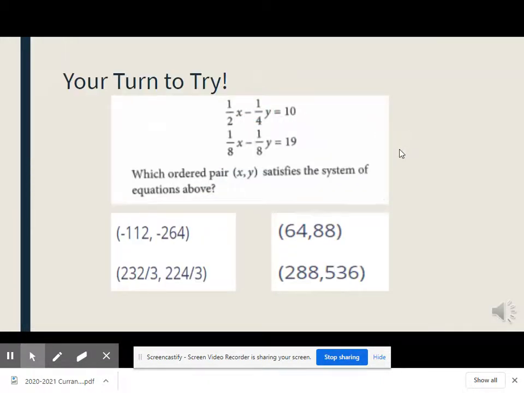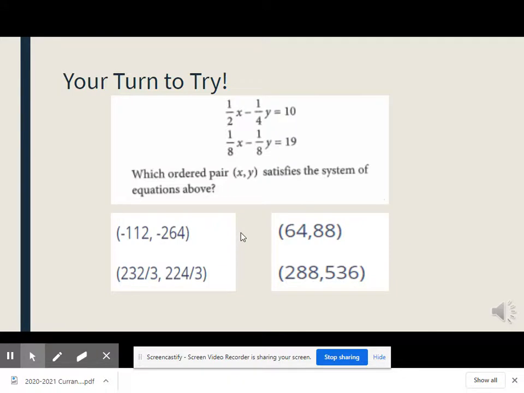Go ahead and pause this video now and give this problem a try. Okay, when you look at which ordered pair, x or y, satisfies the system of equations above, a system meaning 2, we know that the x value is the first value listed in the ordered pair, and the y value is the second.